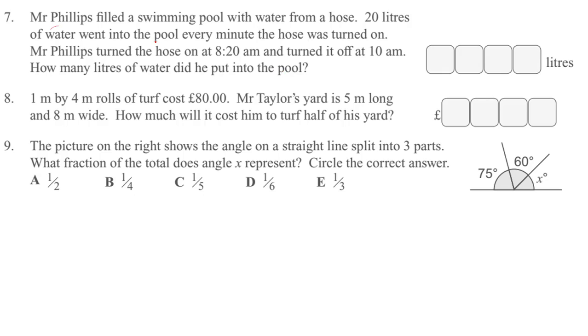Okay, so they're saying that every single minute, 20 liters are getting in. So 1 minute, 20 liters gets in. Now the hose has been turned on from 8:20 to 10 a.m., so I need to work out how long that is, how many minutes.